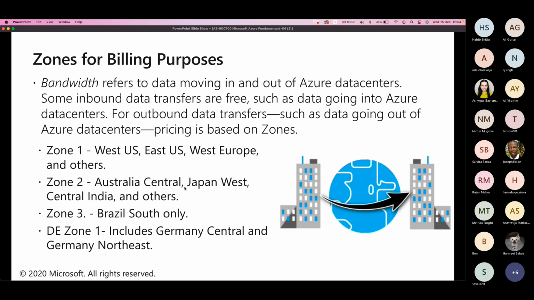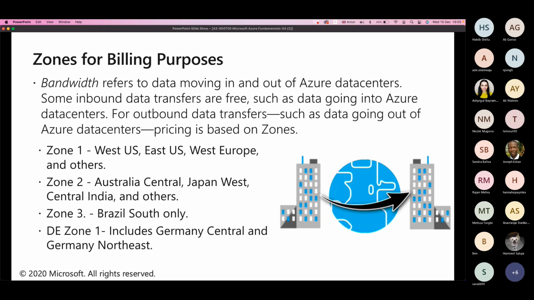So specifically for Azure, thinking about bandwidth, data moving in and out of Azure data centers, we've got some inbound data transferred for free, such as data going into Azure centers, but the outbound data transfer, such as data going out of Azure data centers, pricing is based on zones.